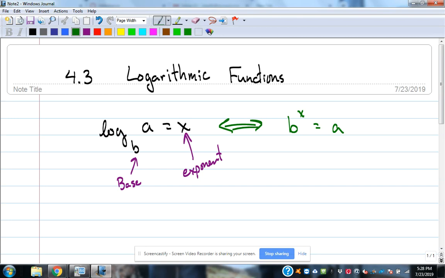And that concept is helpful when we get to solving equations. Sometimes it's easier to solve one that's written as a log statement than it is to solve it as an exponential, or sometimes it's easier to solve it as an exponential than as a log. So being able to manipulate the problem into something that's easier to do.